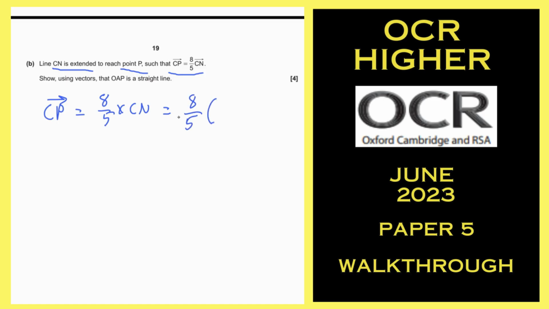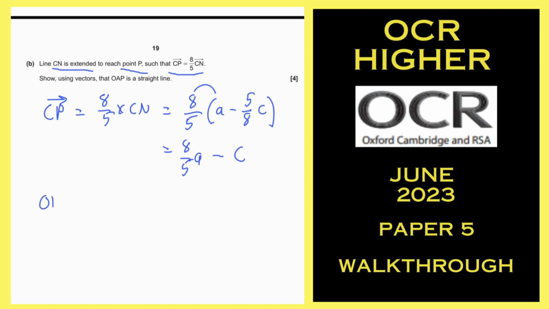And what we wrote was A minus 5/8 C. Let's expand and simplify. 8/5 times A, and 8/5 times 5/8 just disappears to 1, so it's just minus C.